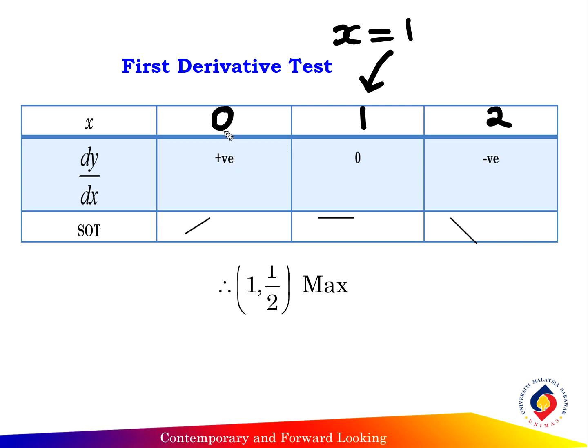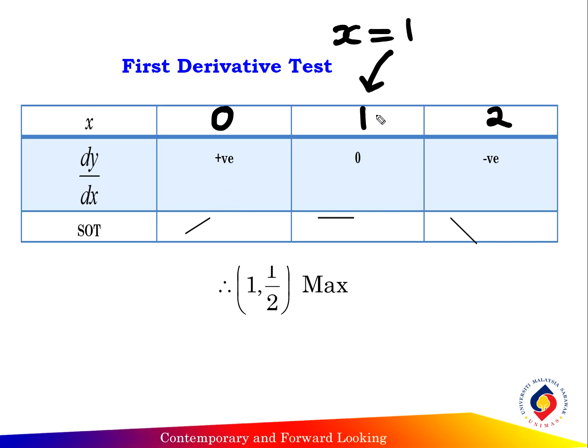Here from the left, the nearest value x here equals 0. Yeah, and you substitute into the first derivative and the sign here is positive, and the shape of the tangent increases.